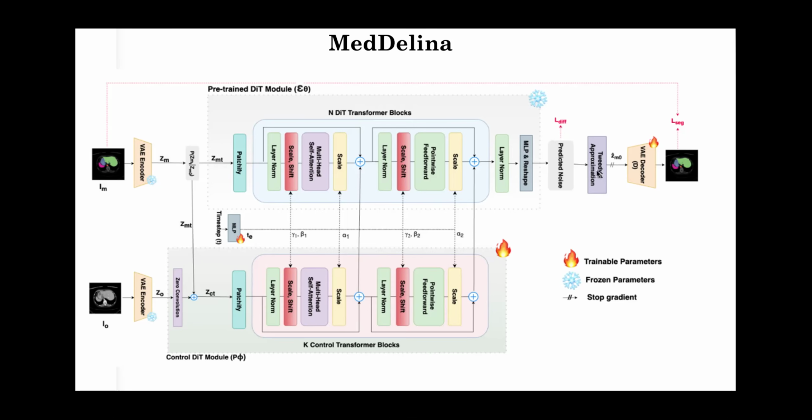After predicting the noise we also get a latent representation, zm0, and we decode this latent representation. After decoding, we calculate the segmentation loss as well at the decoder end. The segmentation loss is the cross entropy loss followed by the dice loss.